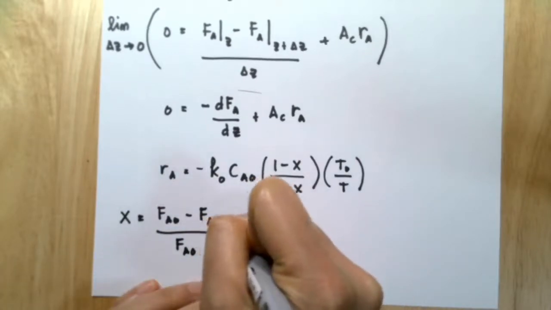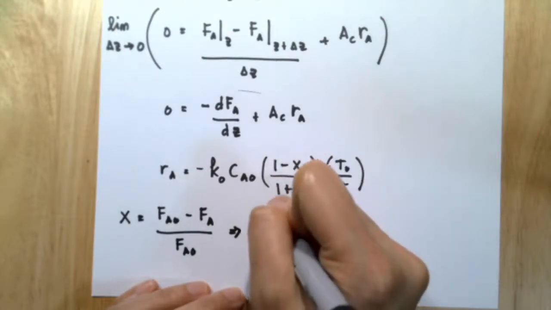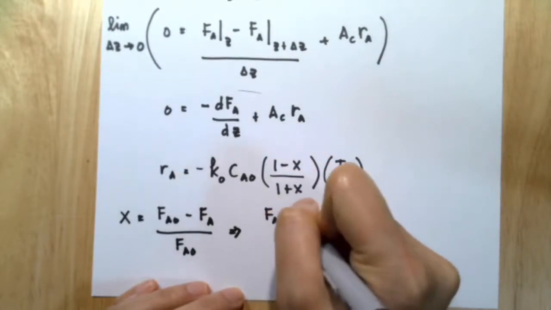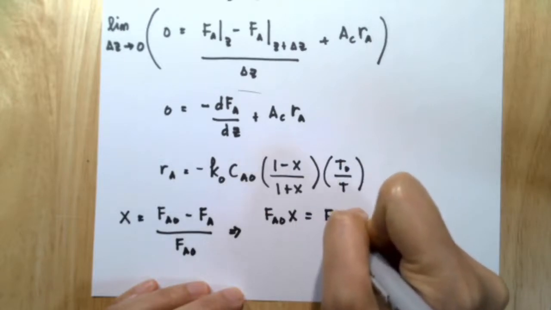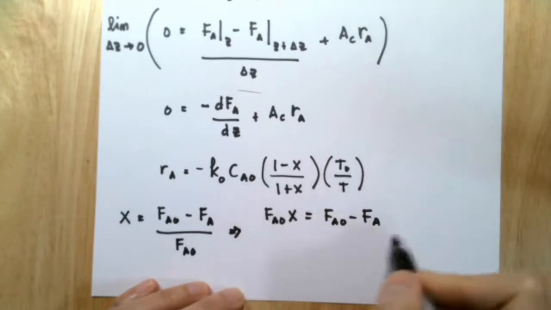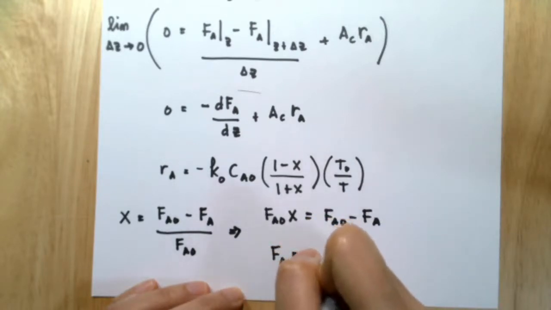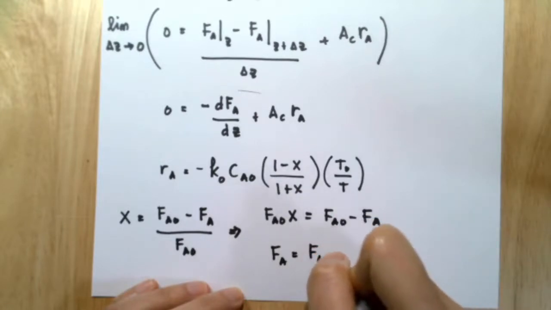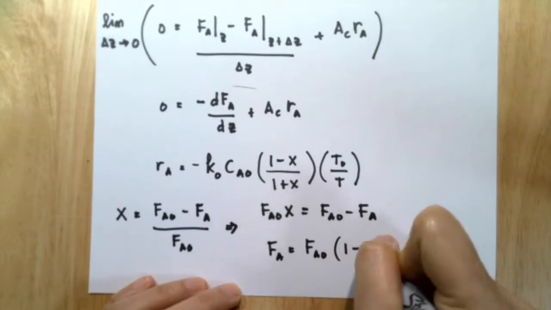So we can rearrange this: FA0 times X equal to FA0 minus FA. And then we can solve this equation for FA, so FA is equal to FA0 times 1 minus X.